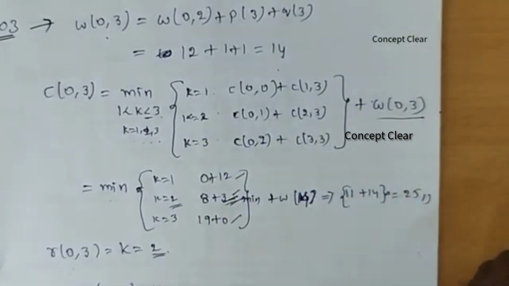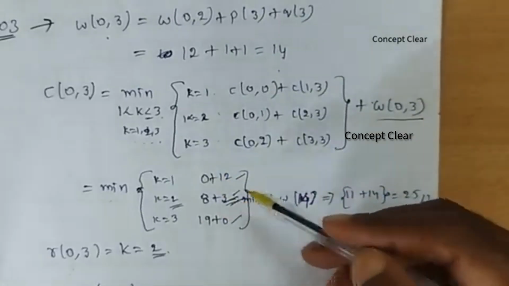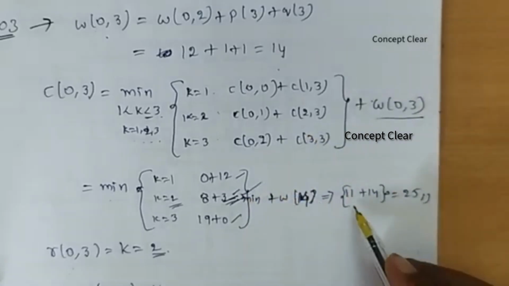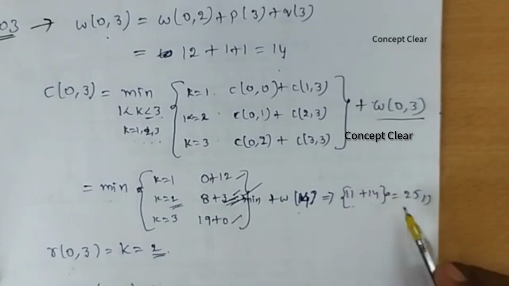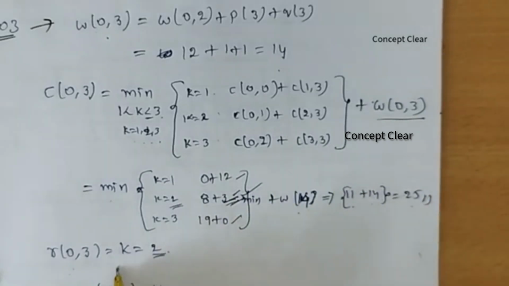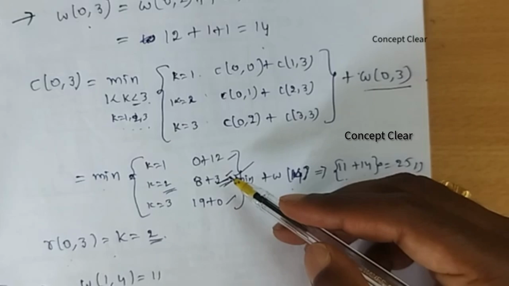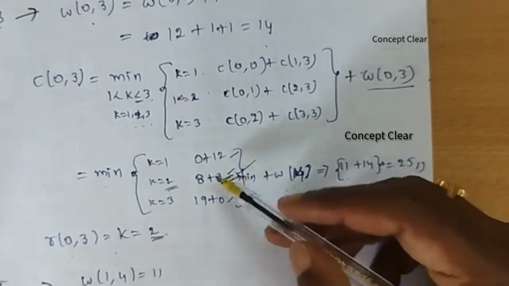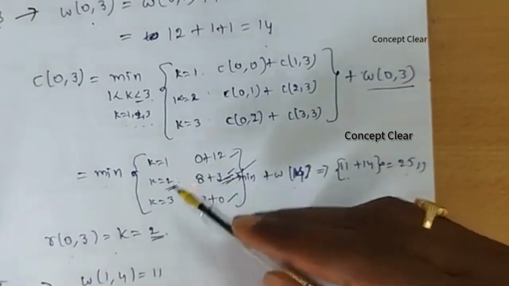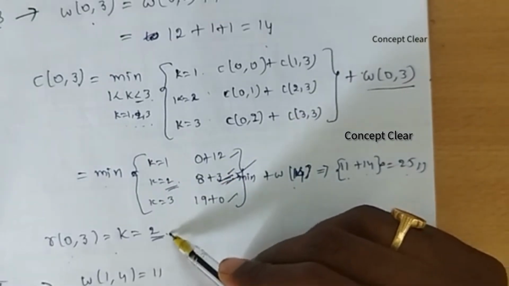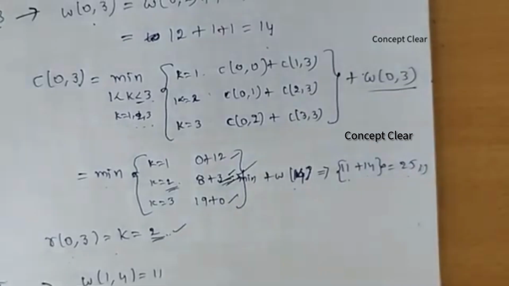Among these 3, which one is the least value? 11 is the least value, so we consider 11. Here 11 plus 14 equals 25. And what about the k value? The k value that gives the minimum value has to be considered. So here k equals 2. Here also r of i comma j equals k, so k equals 2.